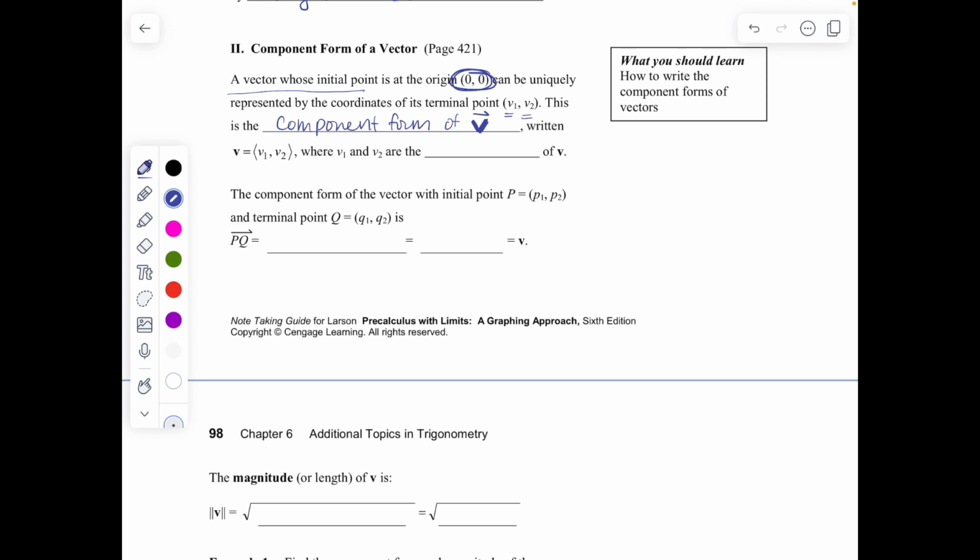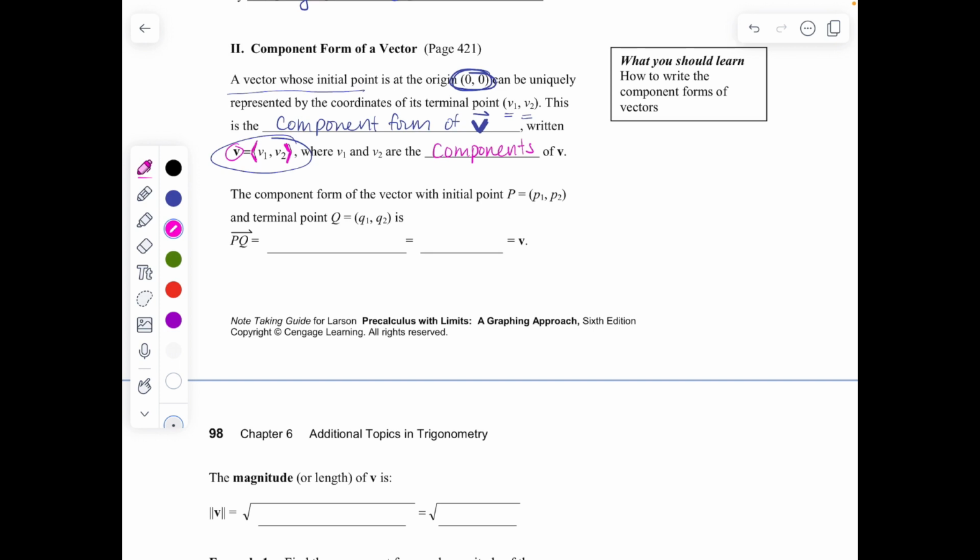If we're typing this, it would just be a bolded letter. Written like this, the bolded V has these angled parentheses, which tell you that it's a vector, not just a point on the plane, where V1 and V2 are the components of vector V.